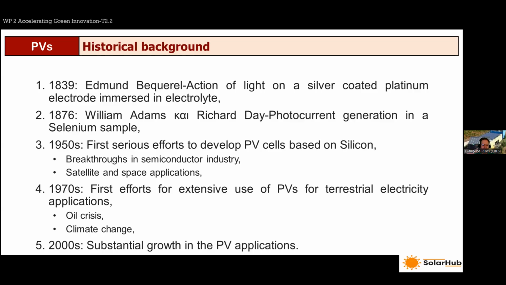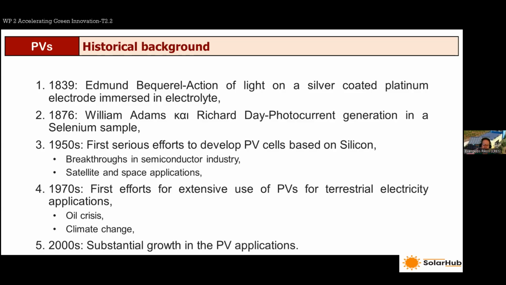After a few decades, there were some more extensive or more systematic efforts, because some things happened regarding the oil crisis and climate change. The scientific community started to realize that the way we use our energy resources was also leading to climate change.